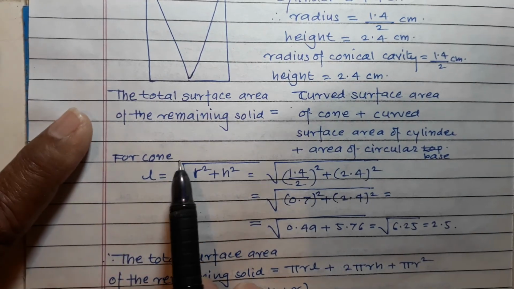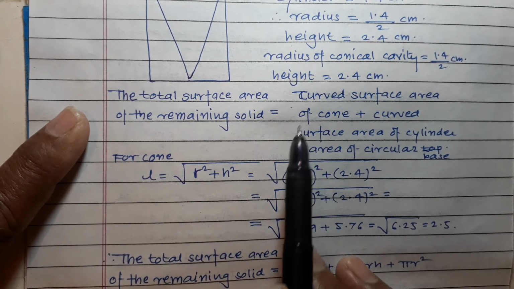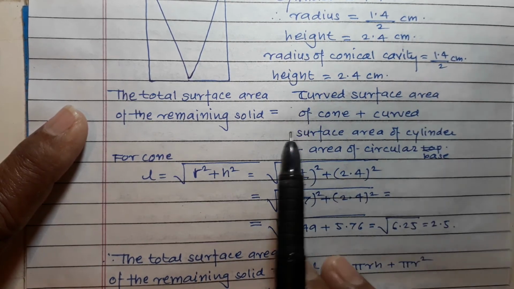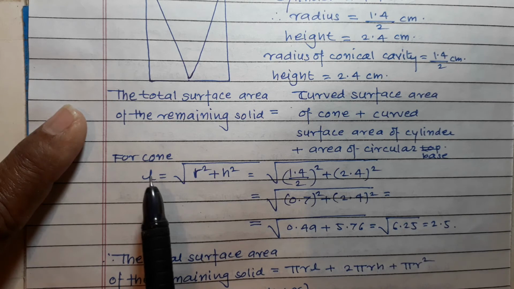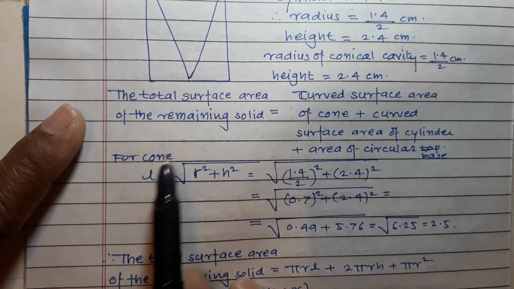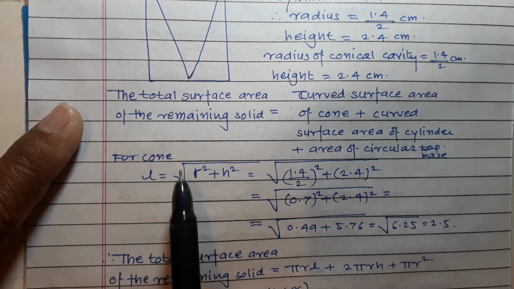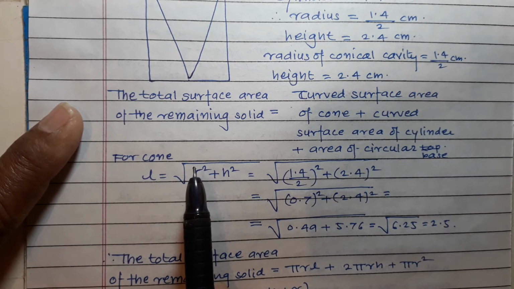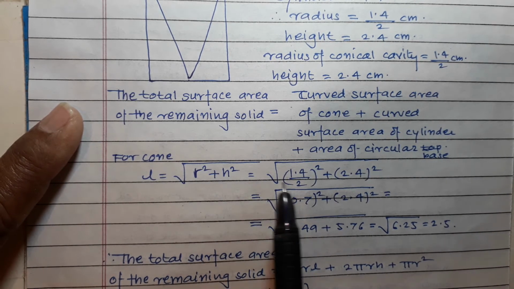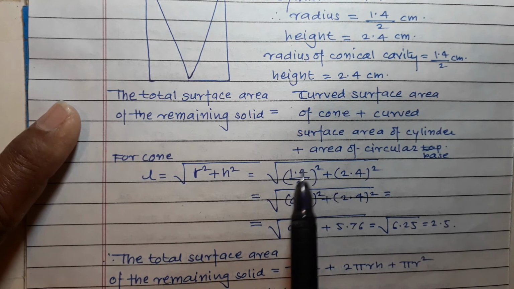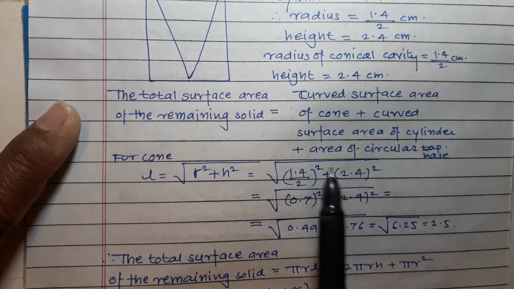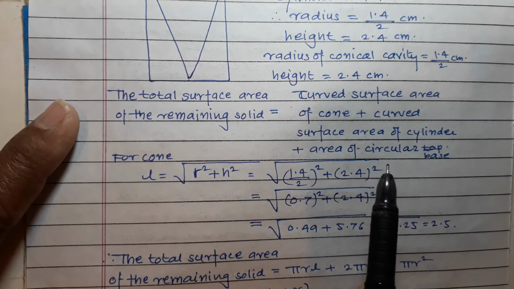So for cone, to find the curved surface area of cone, you should know l, and therefore first you find l. So for cone, l is equal to under root r square plus h square, equal to under root 1.4 upon 2 square plus 2.4 square.